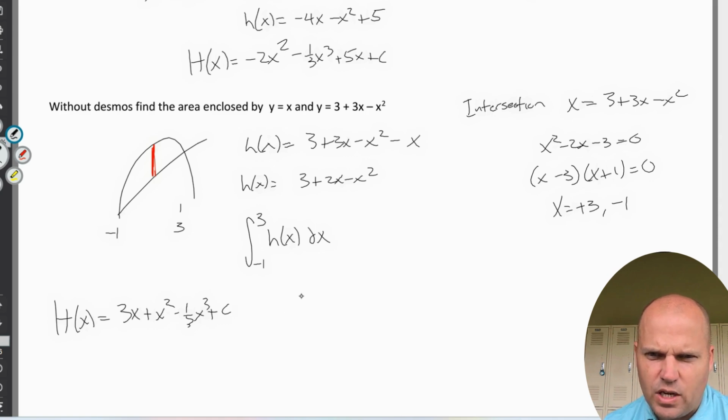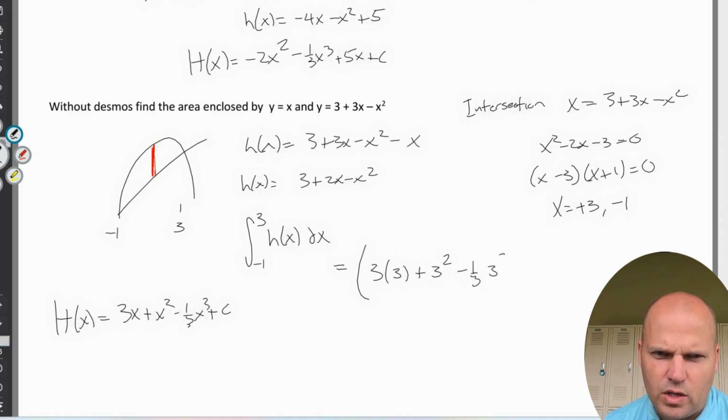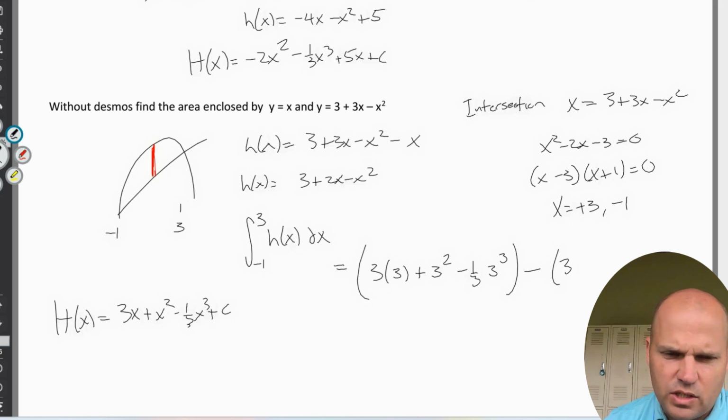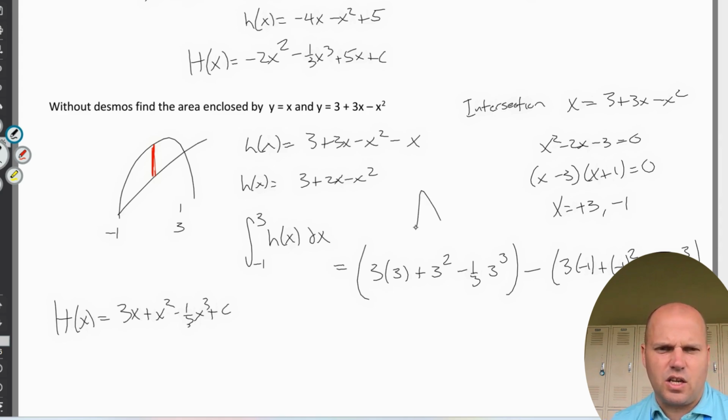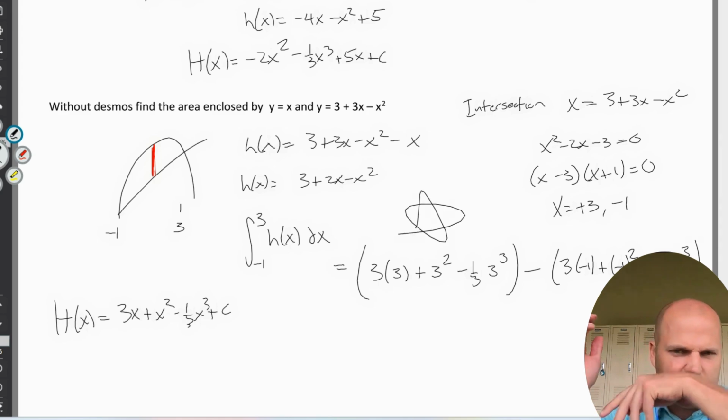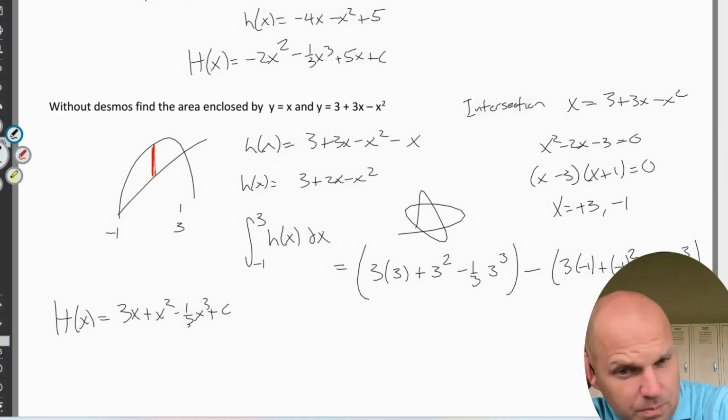So super h of 3, just going to do this dirty, is 3 times 3 plus 3 squared minus 1/3 3 cubed minus super h of negative 1, which is 3 times negative 1 plus negative 1 squared minus 1/3 times negative 1 cubed. This is sufficient, guys, okay? Don't like to stress out about simplifying it.